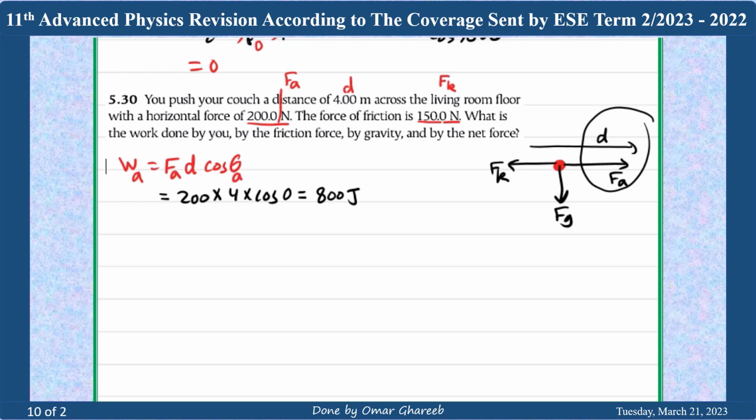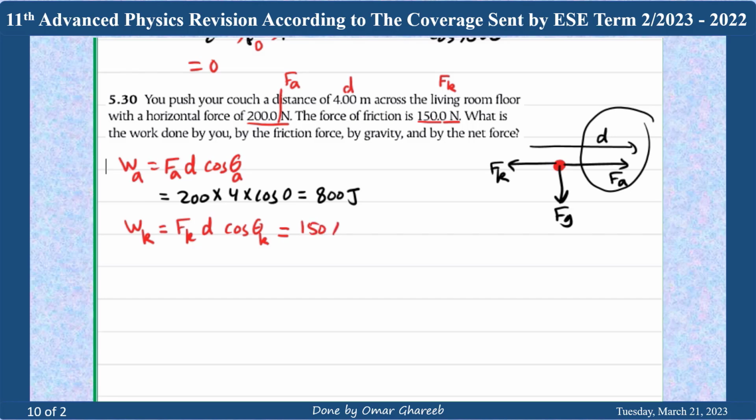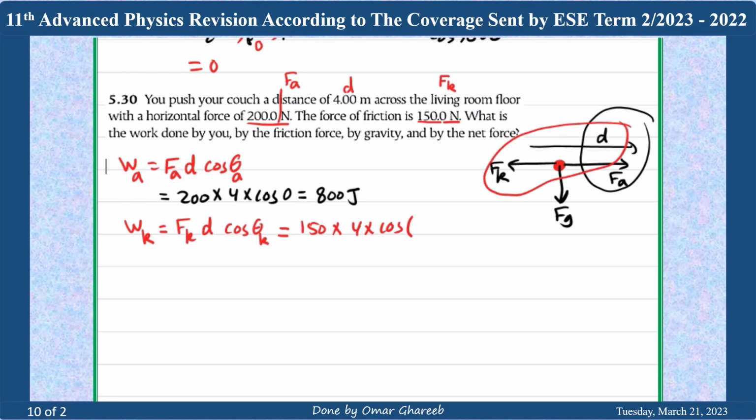Now the work by friction, WK I will name it, is FK times D, the same D, cosine theta of the kinetic friction force. The friction force is 150 times the distance 4 times cosine of the angle between the friction and the displacement, which is 180 because the displacement is to the right and the friction is to the left.